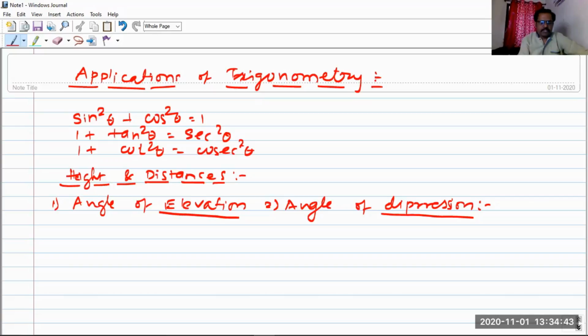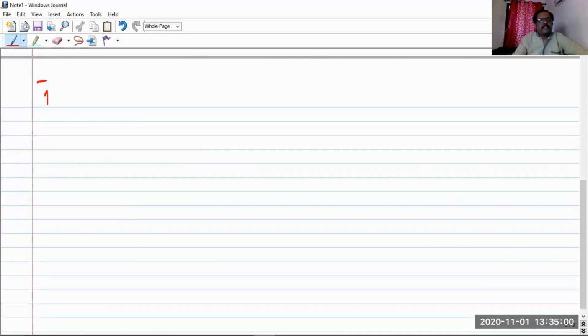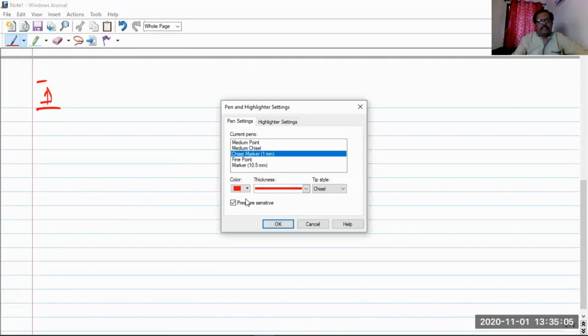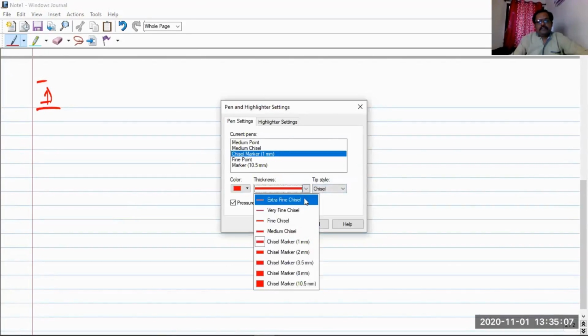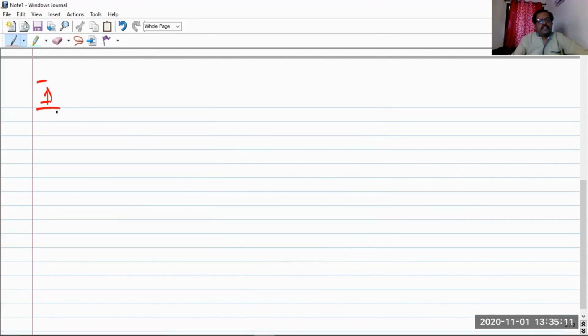The first example we can solve here in terms of the trigonometric ratio is like this. It is something we come across in our day-to-day life. Let's see example 1 related to this trigonometry, right? Yes, the first sum will be like this.